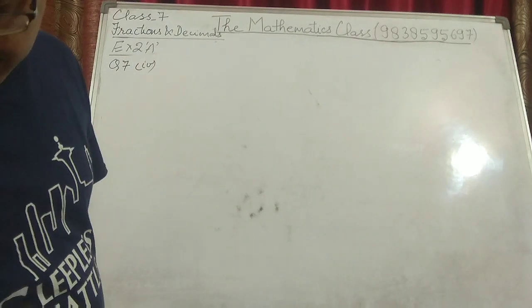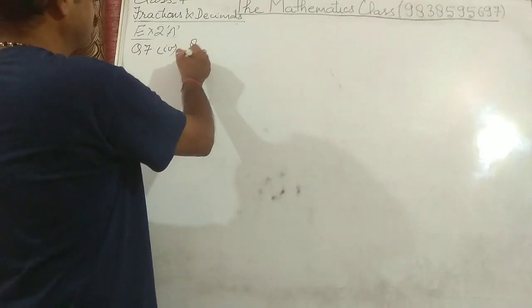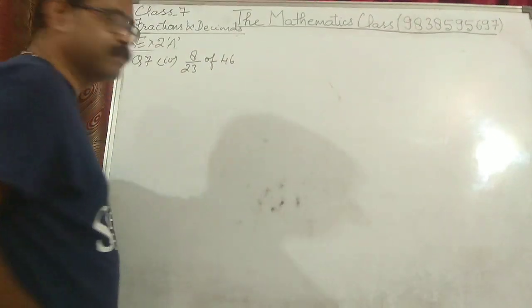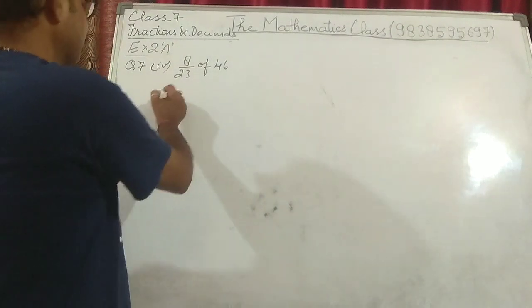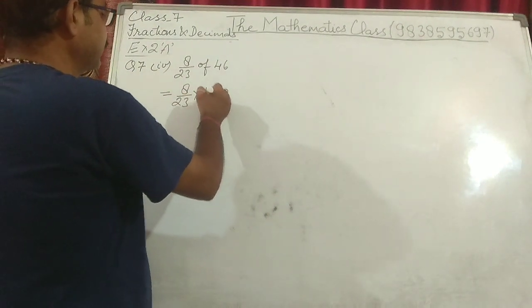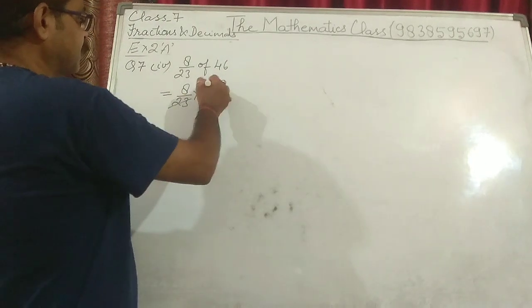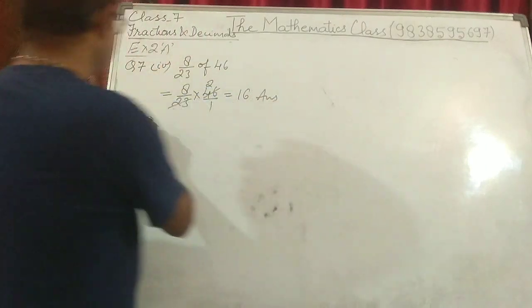Find the value of 8 upon 23 of 46. Of means, you must have studied in BODMAS, that of means multiplication. So 8 upon 23 into 46 upon 1 you can say. So 23 twos are 46, so 8 twos are 16. 16 is the final value.